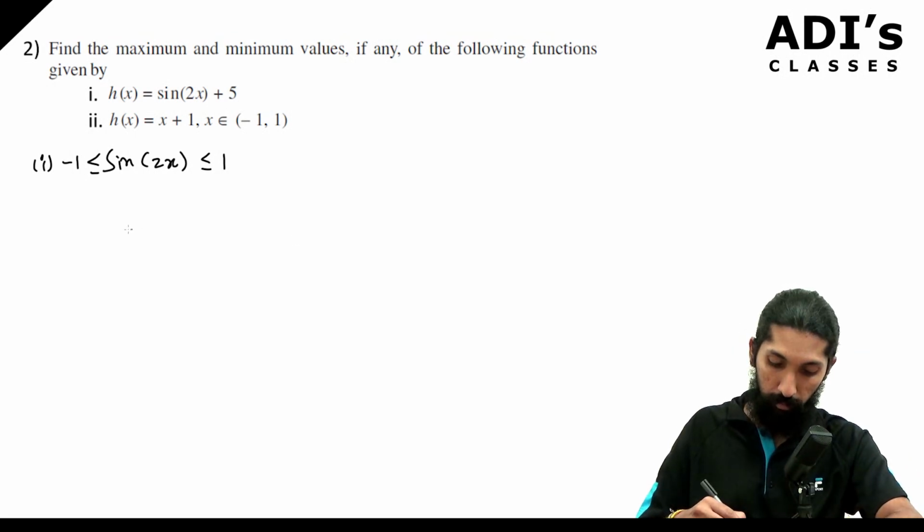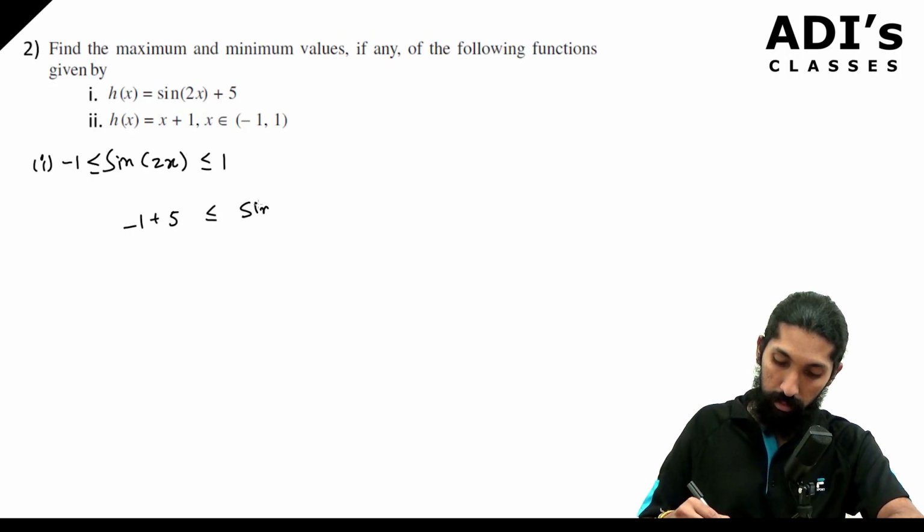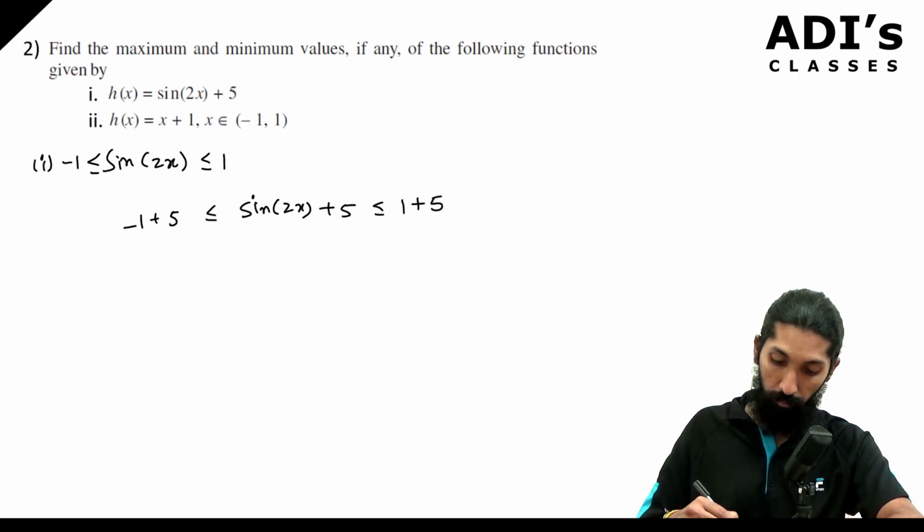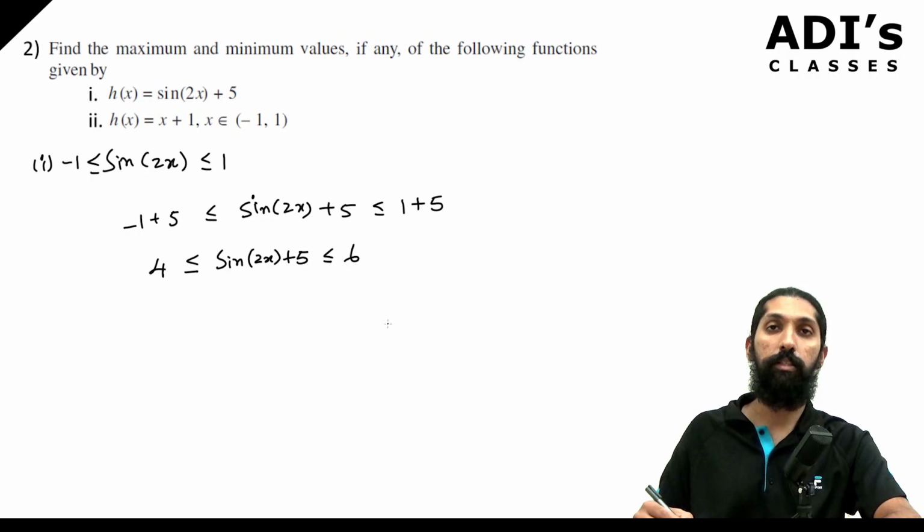That means -1 + 5 less than or equal to sin 2x + 5 less than or equal to 1 + 5. So 4 less than or equal to sin 2x + 5 less than or equal to 6.